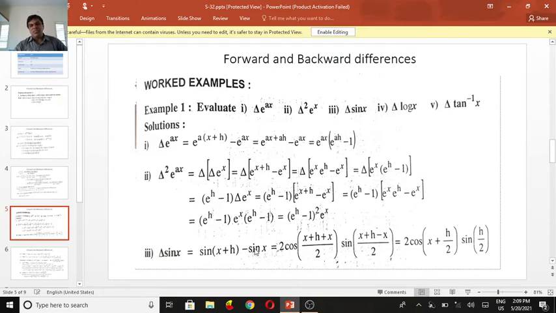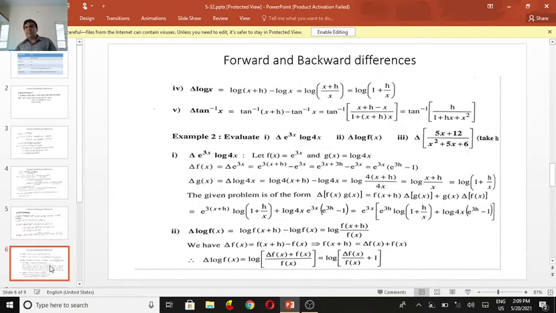It gives 2 times cos of (C + D)/2 into sin of (C − D)/2. So the difference goes to a product: 2 cos((x + h + x)/2) sin((x + h − x)/2). So generally 2 cos(2x + h)/2 into sin h/2. We get 2 cos(x + h/2) sin(h/2).